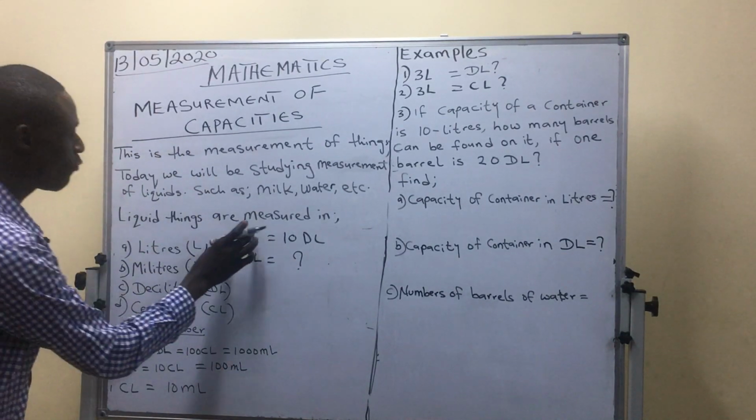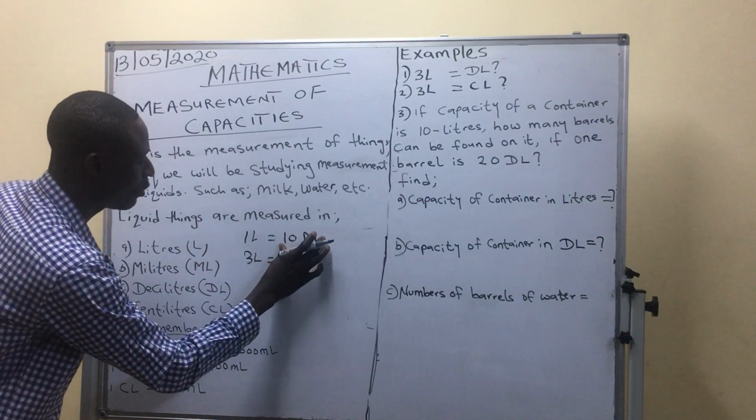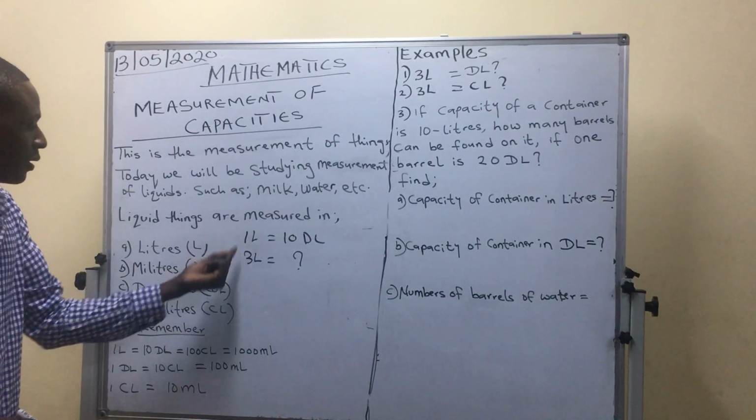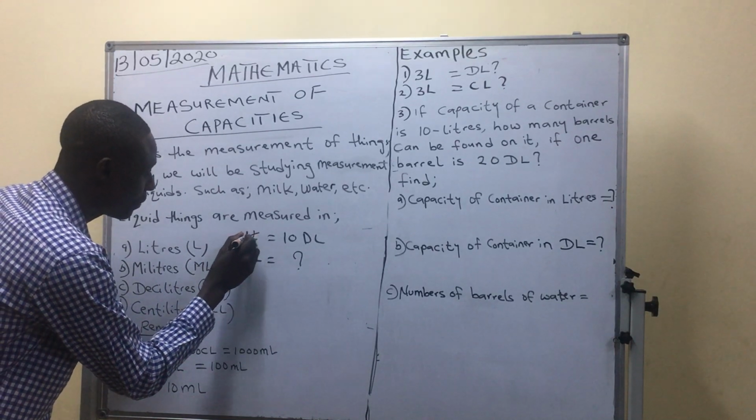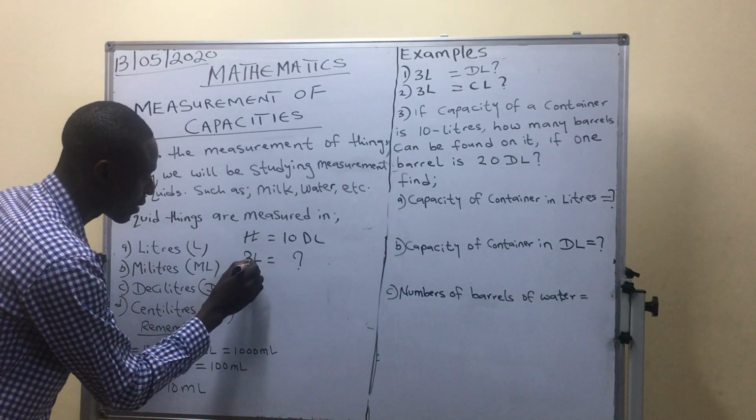Means you have 1 liter. How many deciliters are you going to have? Now, 1 liter here, and this is 3 liters.